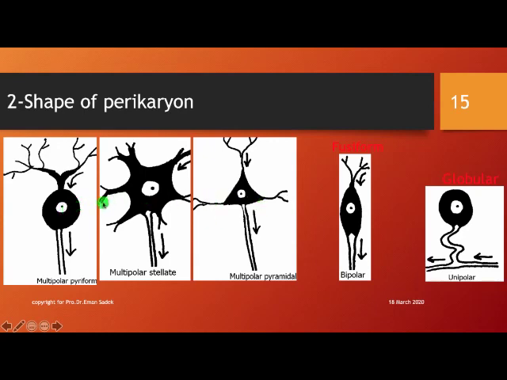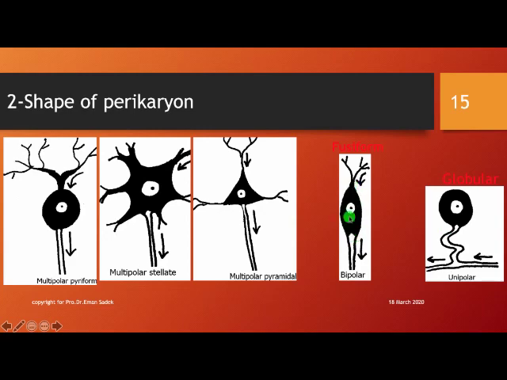But what is the difference between these three multipolar in the shape of the perikaryon? Here the shape is pyramidal, and this is stellate like a star, and this is piriform like a vase. So as regards the shape, we have globular with one pole, unipolar.